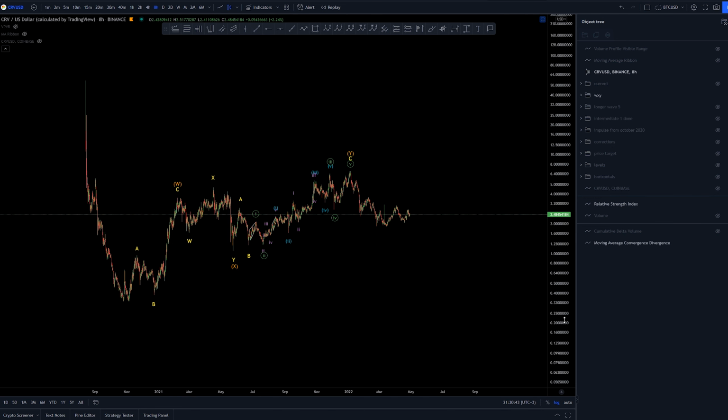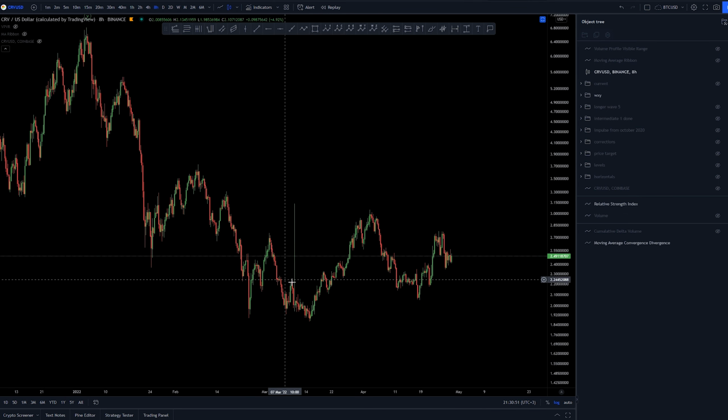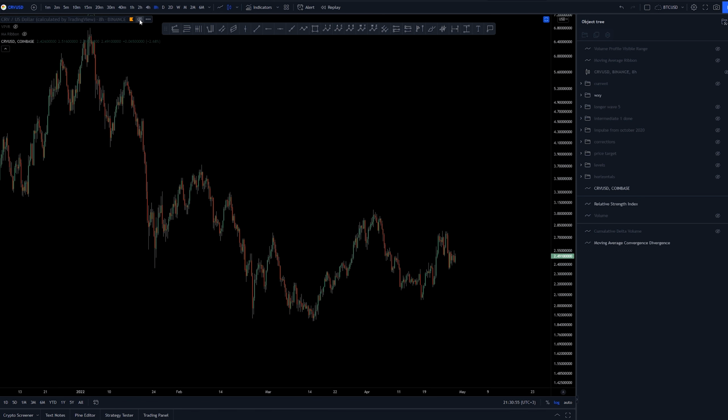So let's check out the current price action next. This week here was not on in other exchange, for example Coinbase, so I'm going to go with that Coinbase.